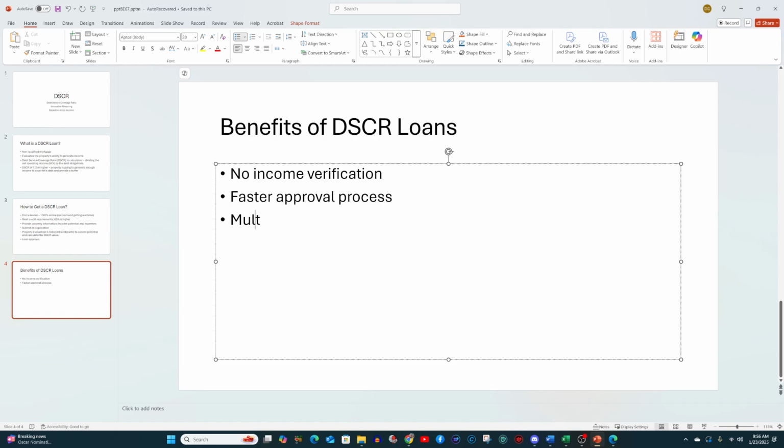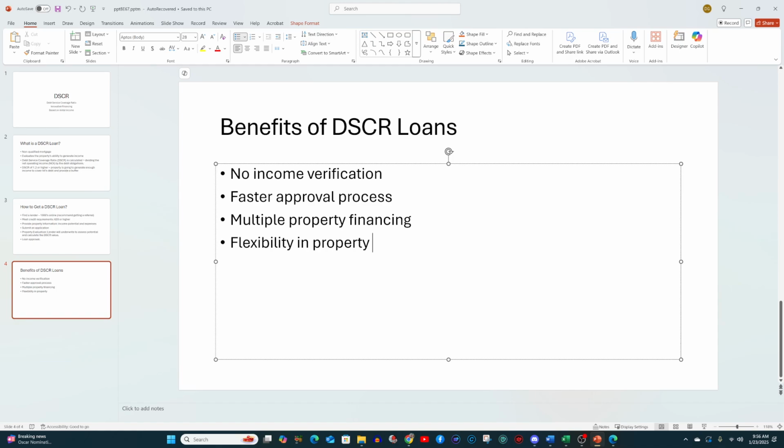You can do multiple property financing, where with your traditional banks and credit unions, they have a limit on how many properties they're going to finance for you, typically. There's flexibility in property types.